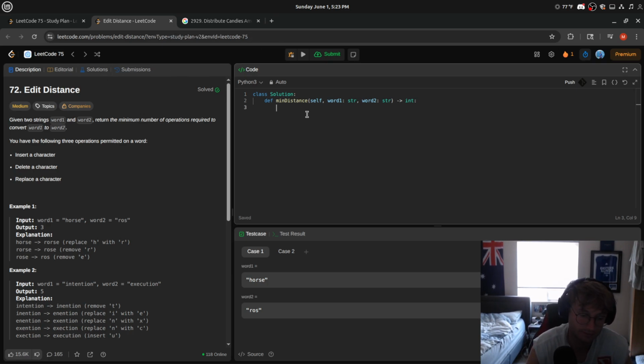That's the thing. I think our base case would be like, if i is greater than or equal to the length of word 1, and j is greater than or equal to the length of word 2.